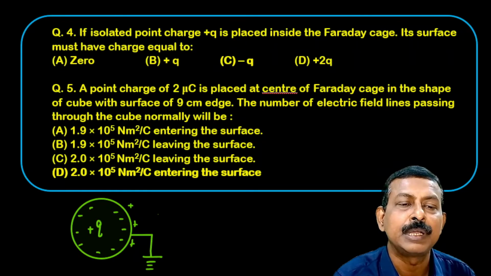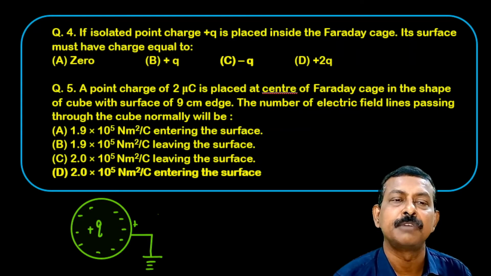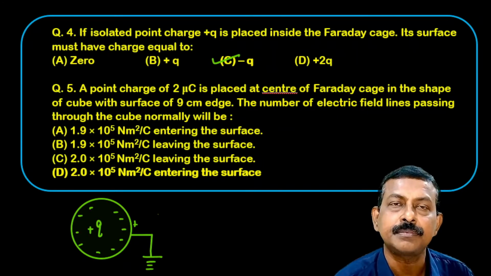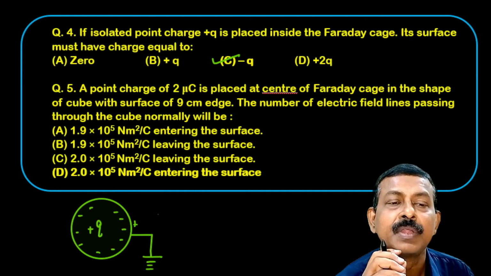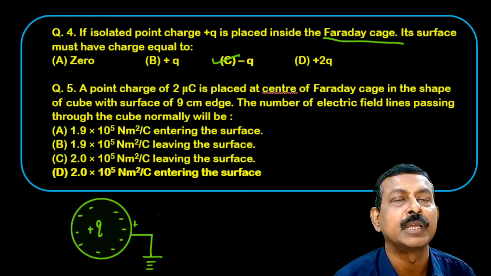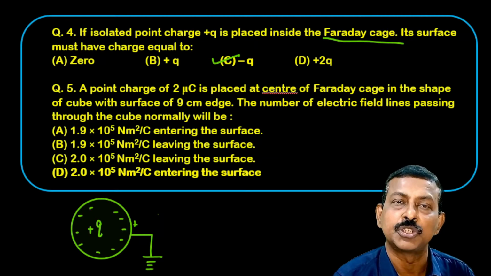Now if I consider the charge on the inner surface of this Faraday cage, do remember that we are taking the case that it is a Faraday cage. So for that particular case, the charge will be minus Q.